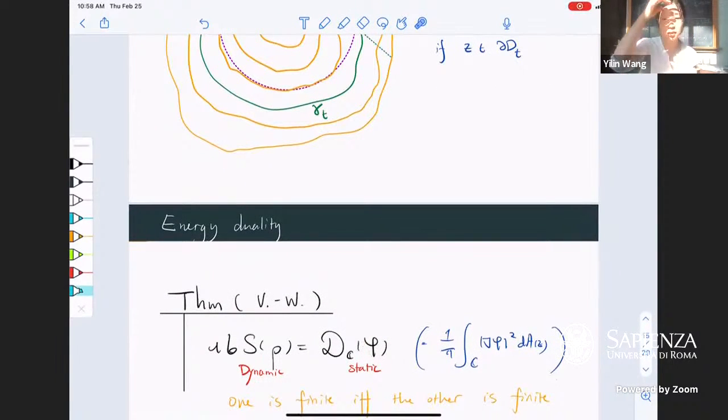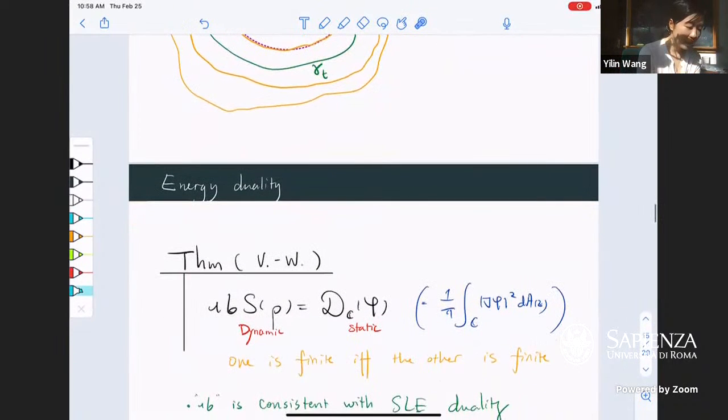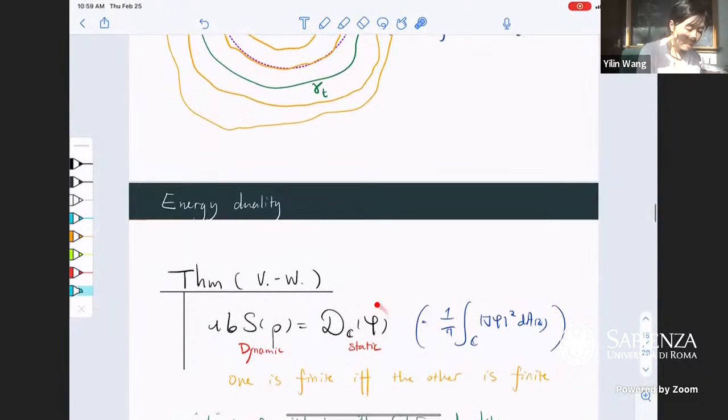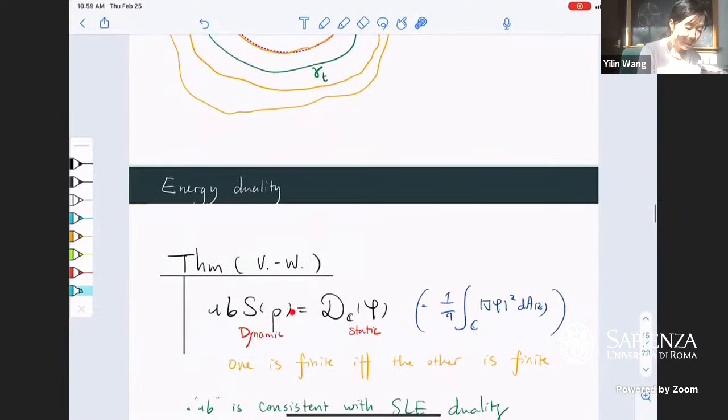The chordal curves have a tangent almost everywhere, and there's some technicality in considering this quantity. Once you can define this quantity, we didn't start with any assumption on rho, but if the Dirichlet energy is finite, then we obtain that this is finite, which implies that for almost every t, it is absolutely continuous with respect to the circle.